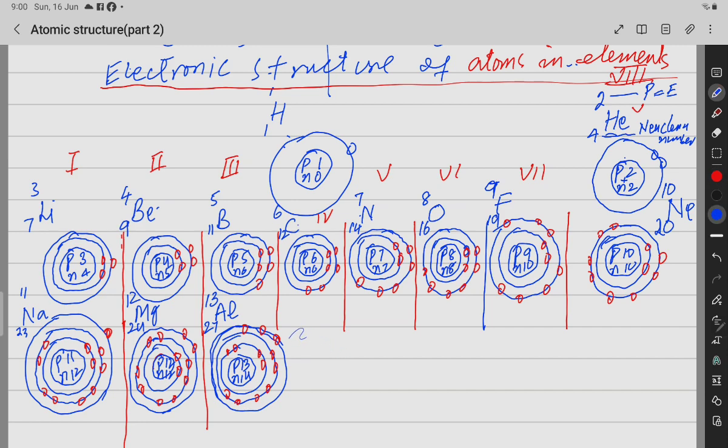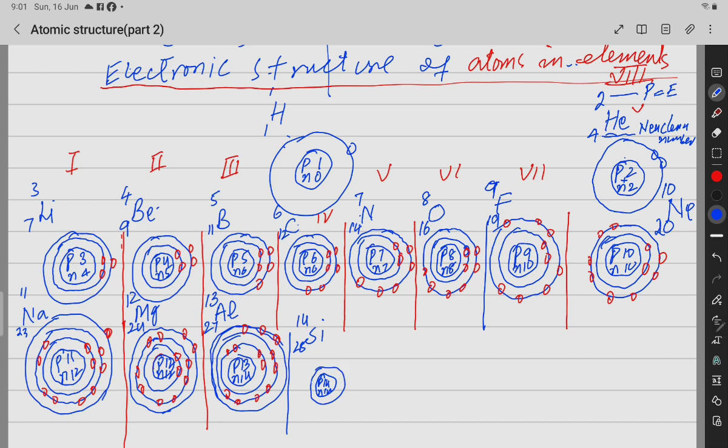And next is in group 4, there is silicon, 28 and 14. Proton 14, neutron 14.